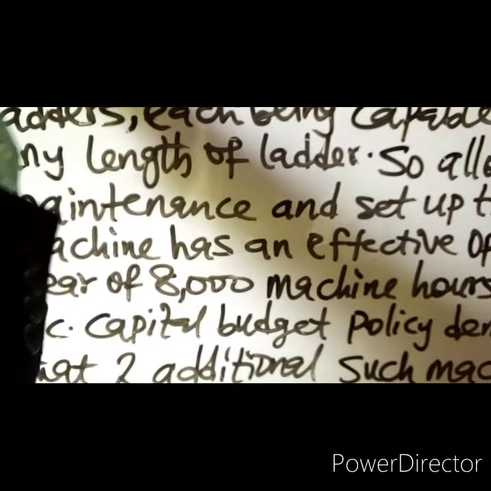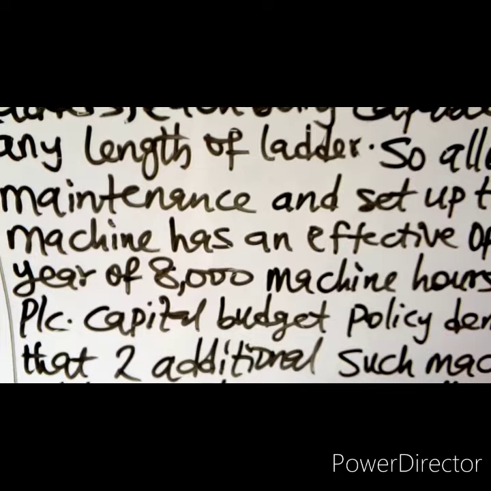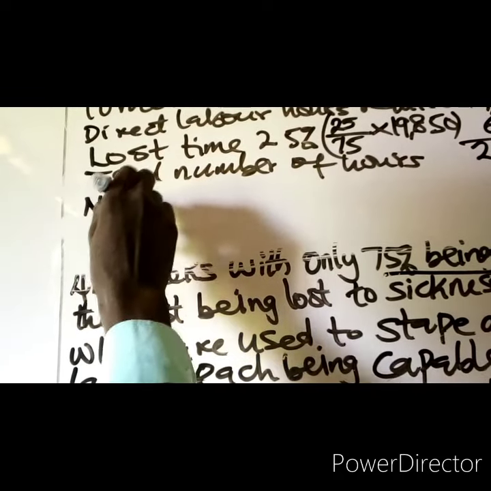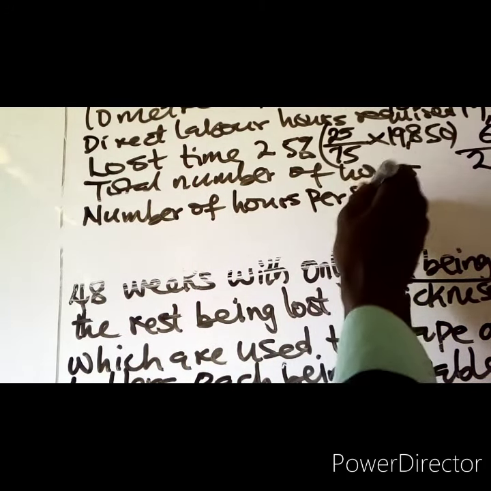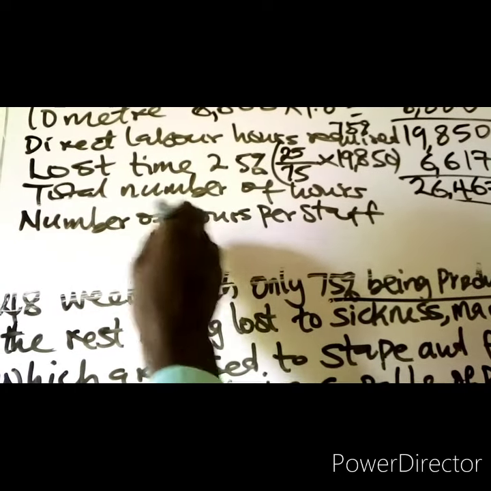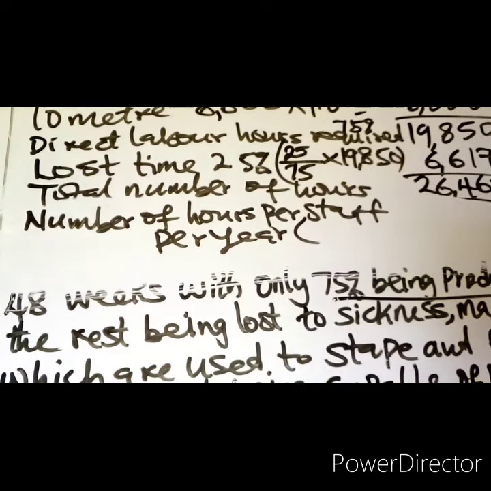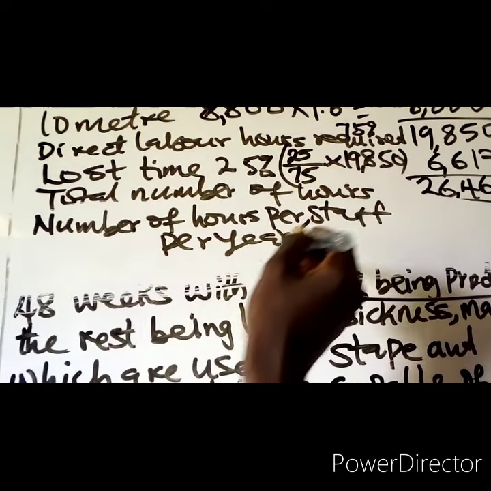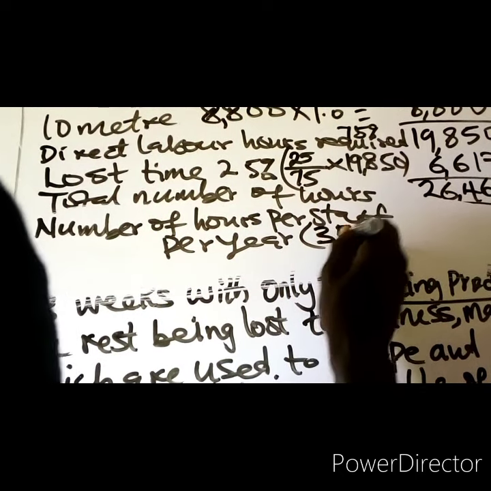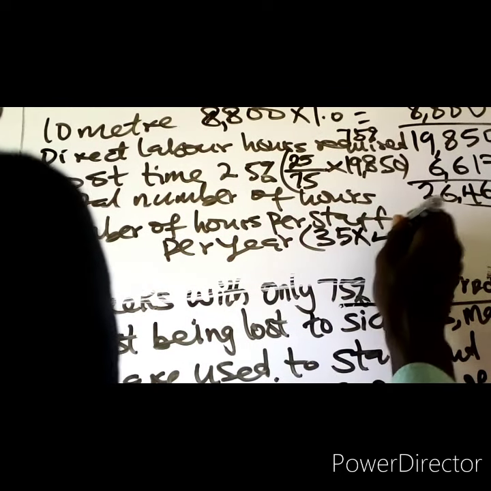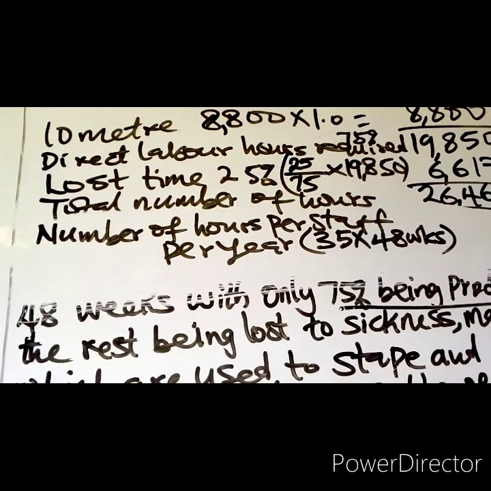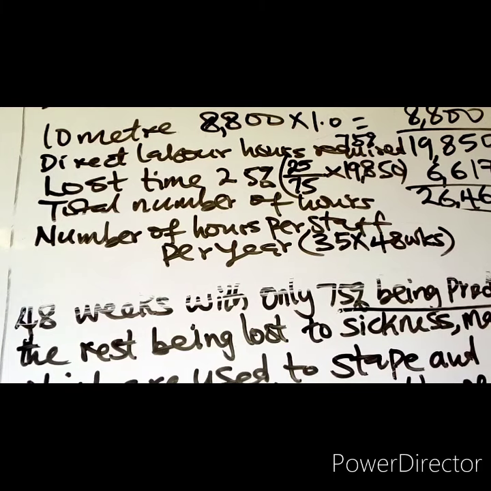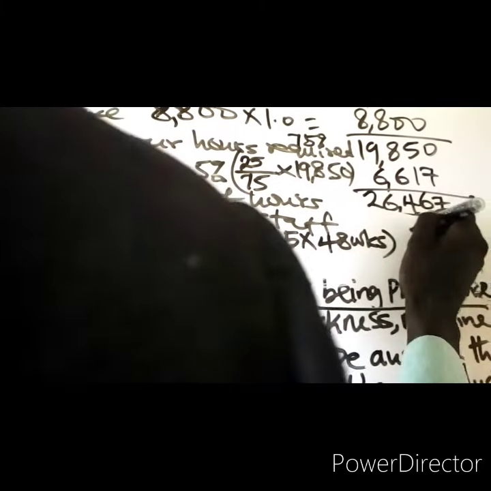How many hours will each staff work in a year? 35 hours times 48 weeks. So 35 times 48. That means each worker is expected to work for 1,680 hours.